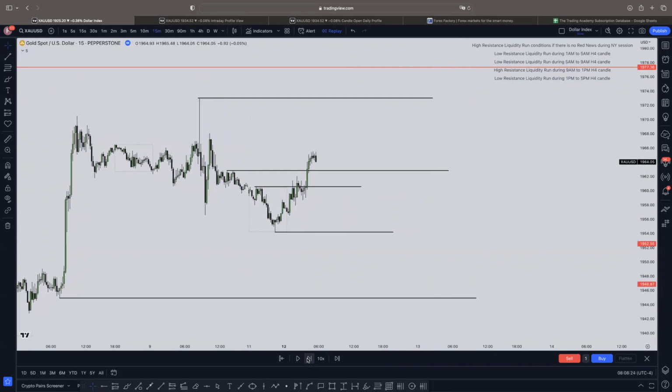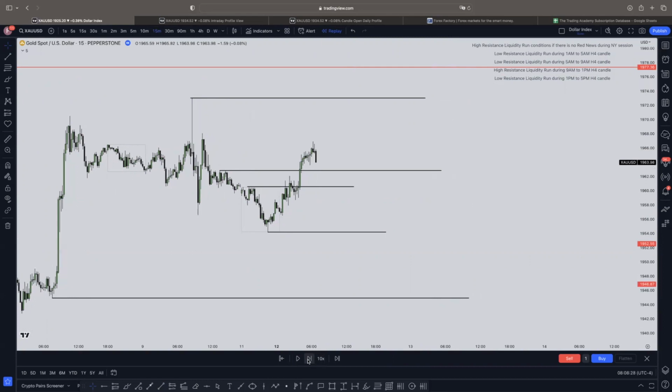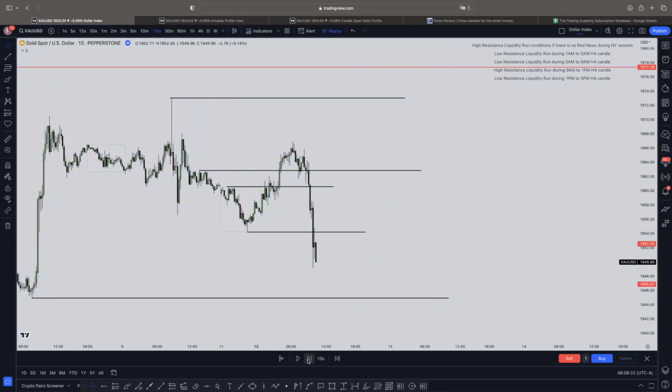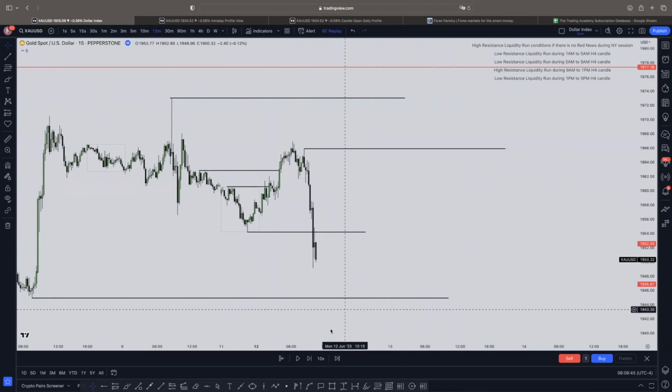Important liquidity pool gone. They're expecting downside movement. There you go. Important liquidity pool gone. We have this high here. We're expecting upside movement.